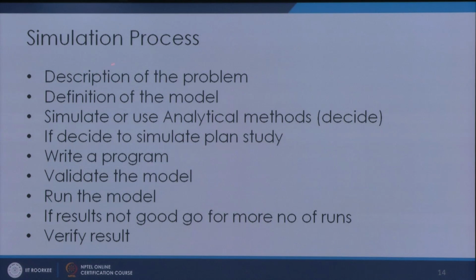So, from the description of the problem you formulate your model, and once your model is ready, you decide whether you want to go for simulation or for analytical methods. That is the decision you have to take on how to solve your model.